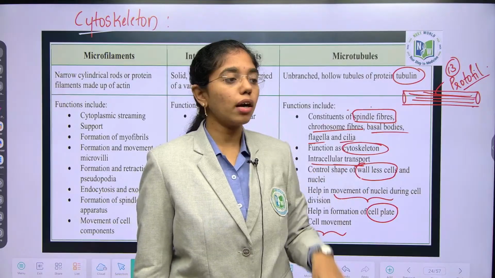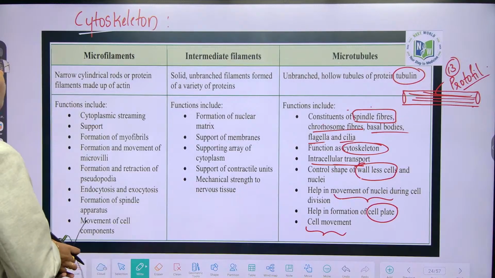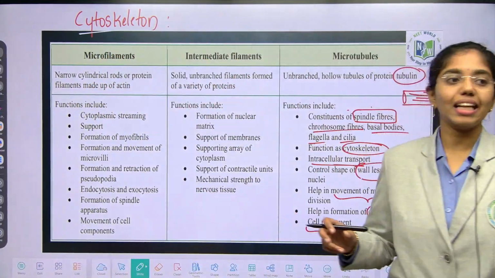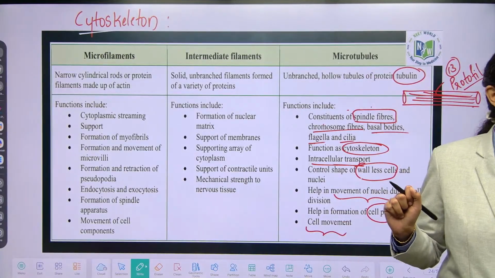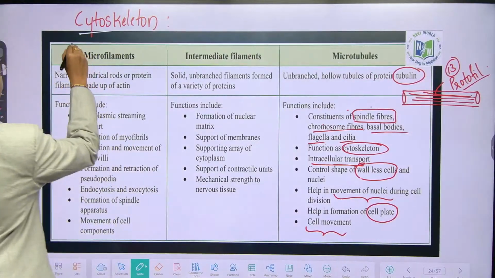Clear? Any doubts? Now you see microfilaments. Microfilaments have two proteins, globular protein actin and one more protein, that is myosin. Okay, it has two proteins, actin and myosin.